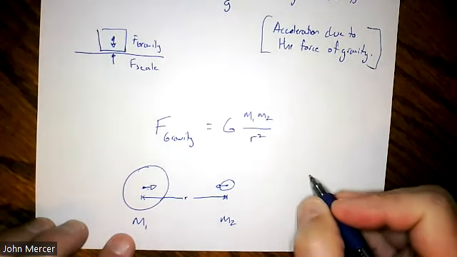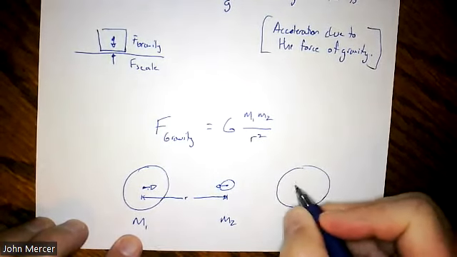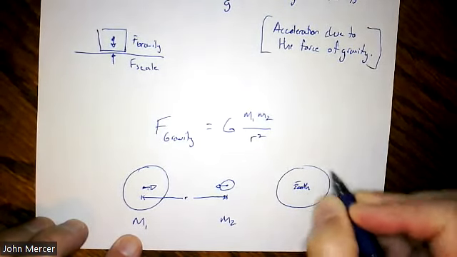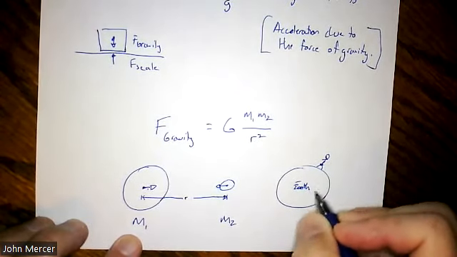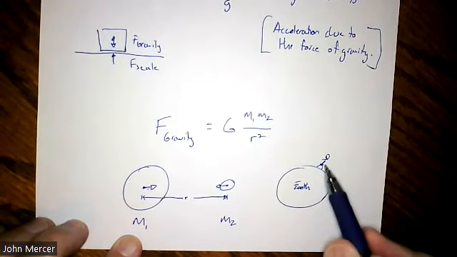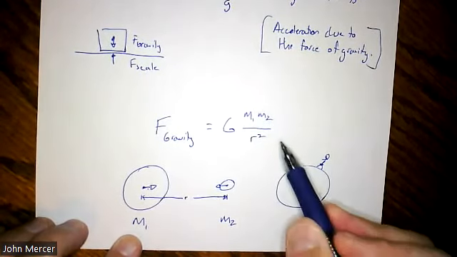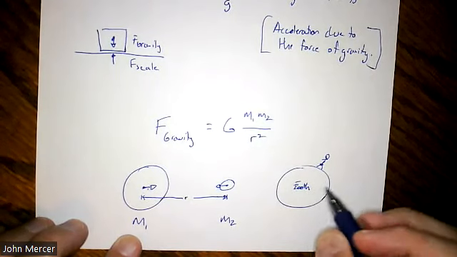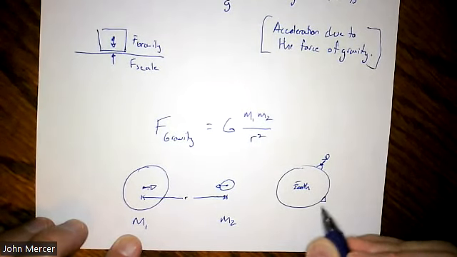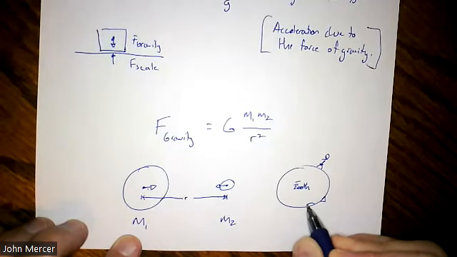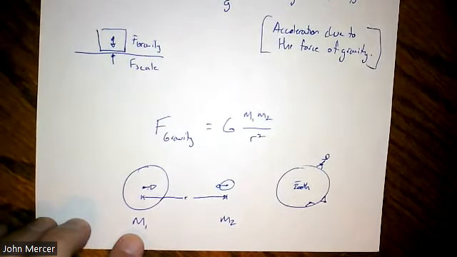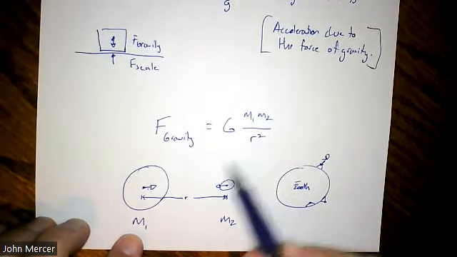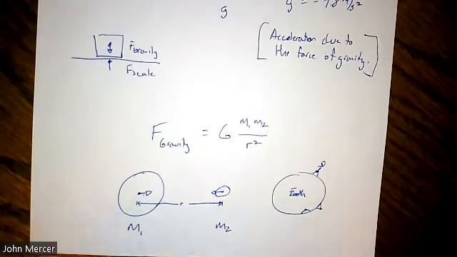I guess I could have drawn the Earth and then a person standing on the Earth. And these would be the two masses that are in this equation. Me as a very small mass, and the mass of the Earth very large. But if I'm at a different point on the Earth, like maybe a peak of Everest versus Death Valley, maybe I can get as much of a 1% difference in how far apart the two masses are, and my weight is actually different at different parts of the Earth.